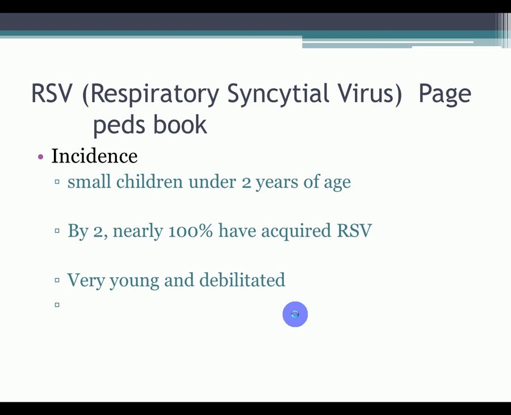It accounts for almost 40% of all your serious respiratory diseases and for up to 60 to 75% of all cases of bronchiolitis. So it is very, very contagious. And again, by 2, nearly 100% of children have actually had RSV.